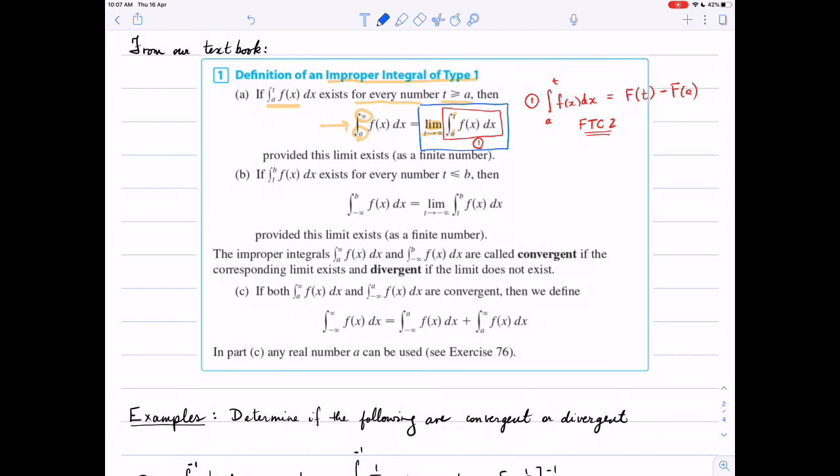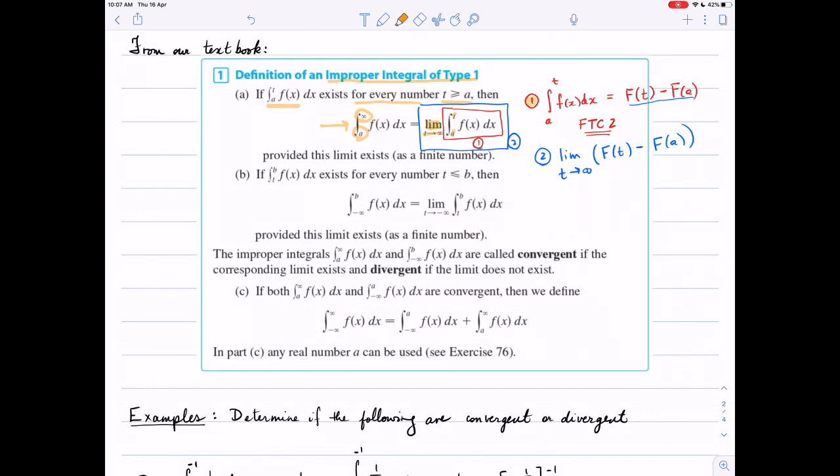It adds a second step, which is a limit. And so once we have the answer from the first step, we are just going to do the limit as t goes to infinity of that answer. So the definition actually gives us a procedure, a two-step procedure to evaluate this, which we are going to do momentarily.